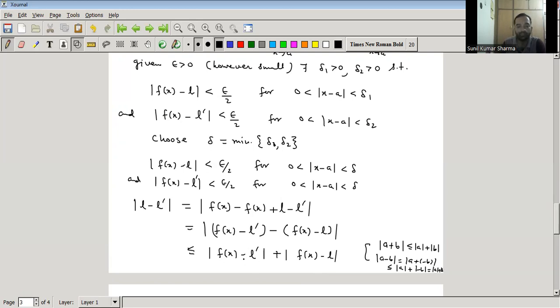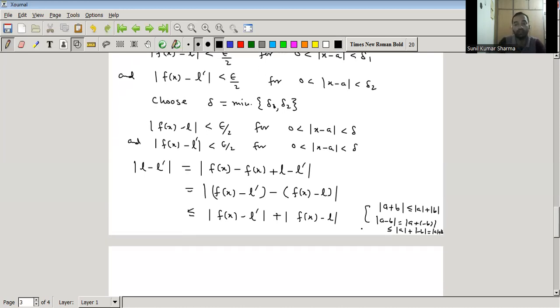And this mod f(x) minus L is less than epsilon by 2 when x comes closer to the point a. x lies between a minus delta and a plus delta. Only if x lies in this interval, then only we can write this.